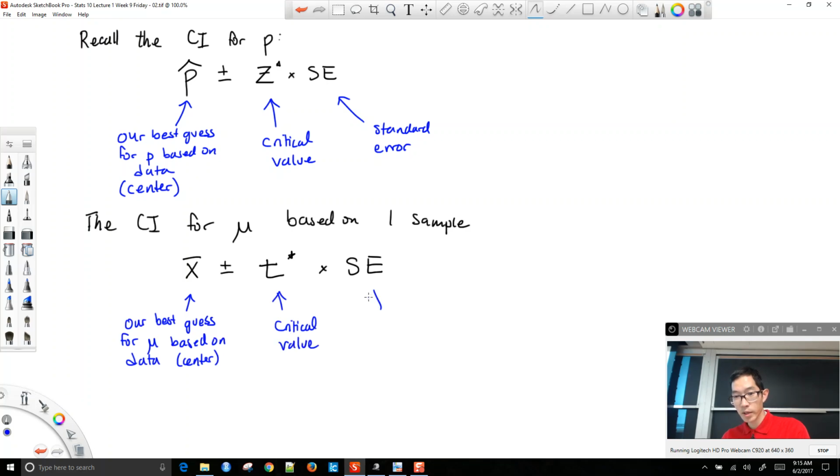And here we have the standard error. So it's pretty much exactly the same. The only thing that changes is the way we calculate the standard error, using the formula S divided by the square root of n. What is S? S is the sample standard deviation.